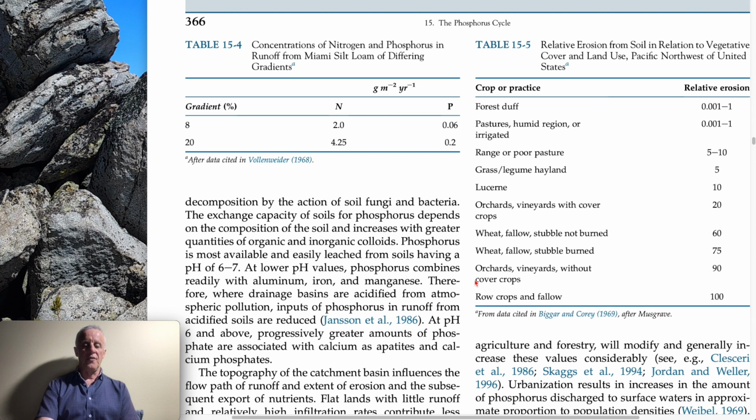At lower pH values, phosphorus combines readily with aluminum, iron, and manganese. Therefore, where drainage basins are acidified from atmospheric pollution, inputs of phosphorus in runoff from acidified soils are reduced. At pH 6 and above, progressively greater amounts of phosphate are associated with calcium as apatite and calcium phosphates.